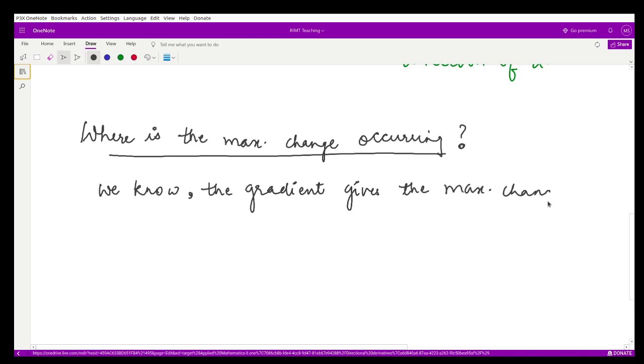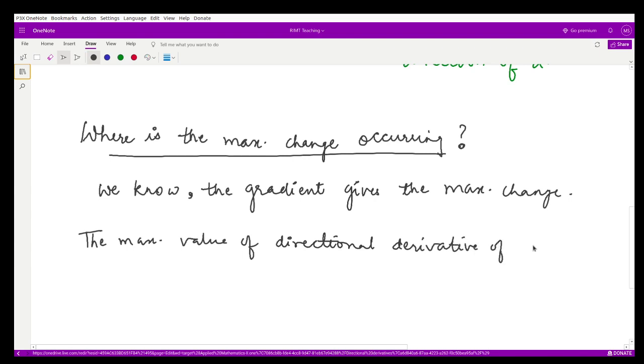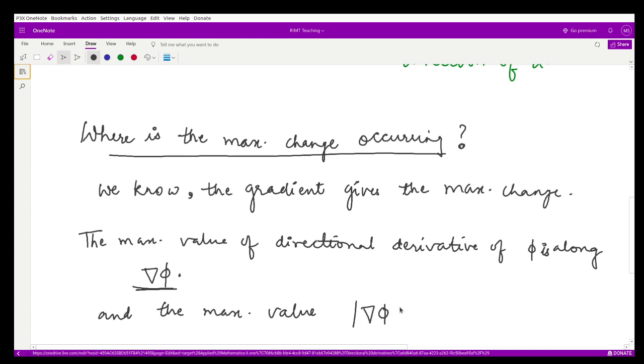That is why we can say the maximum value of the directional derivative of phi is along the gradient of phi. And what is that maximum value? The direction is along the gradient, and that maximum value is obtained by taking the modulus of the gradient of phi. So this is the formula, right?